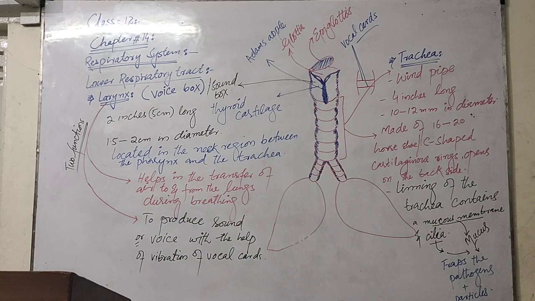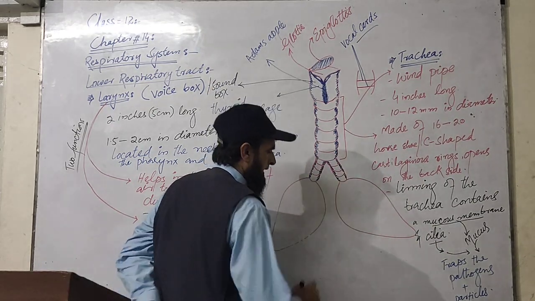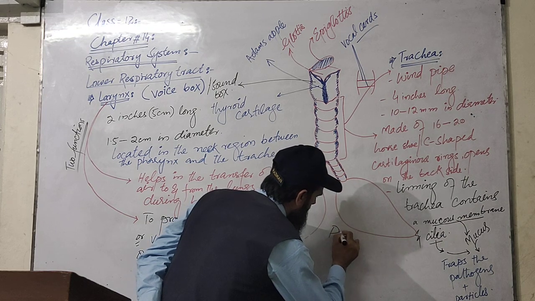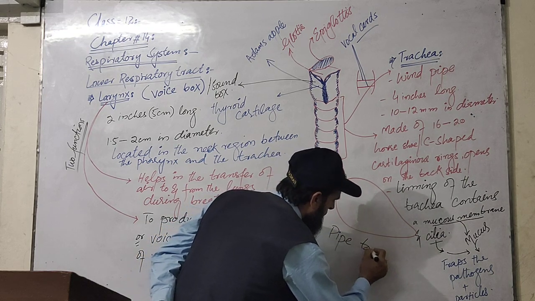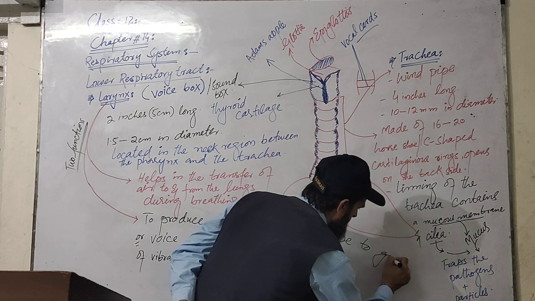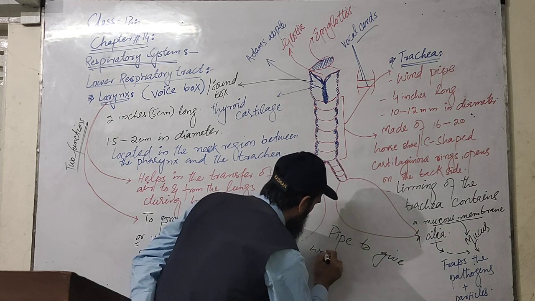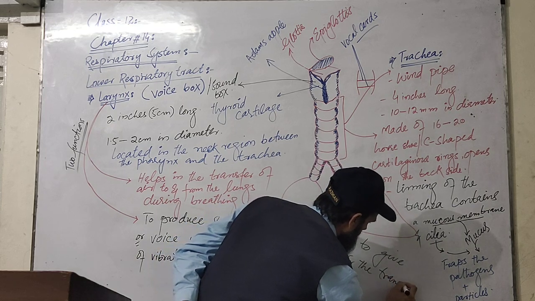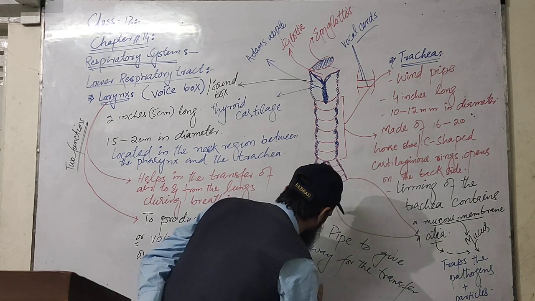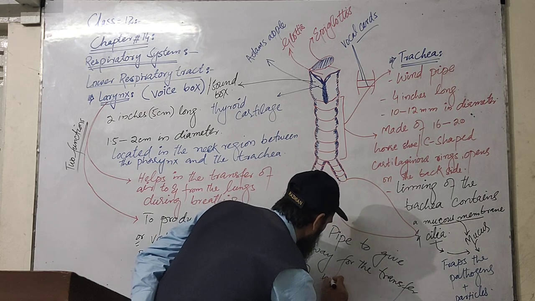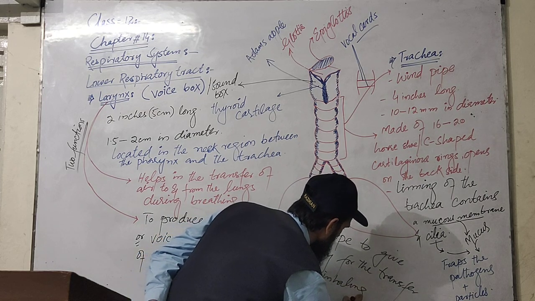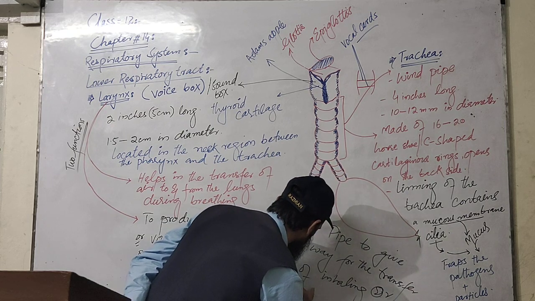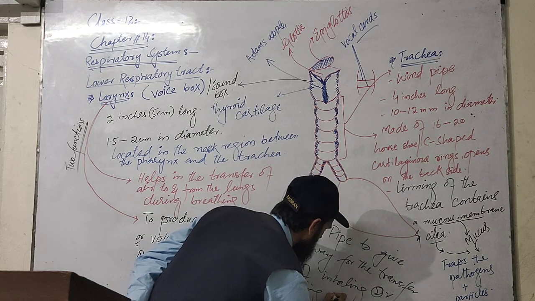Another function of the trachea is that it performs a role as a pipe to give way for the transfer of inhaling or exhaling air.